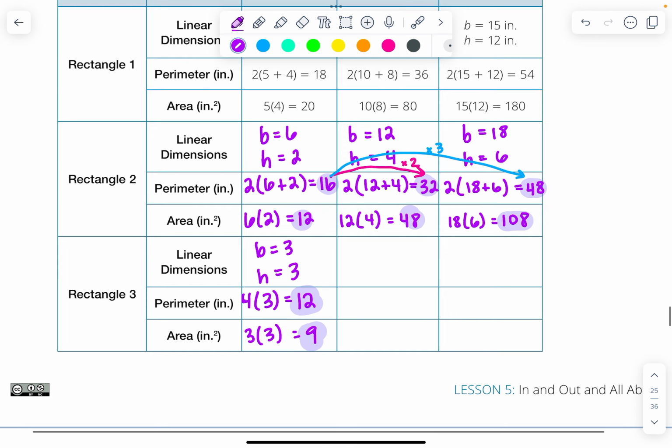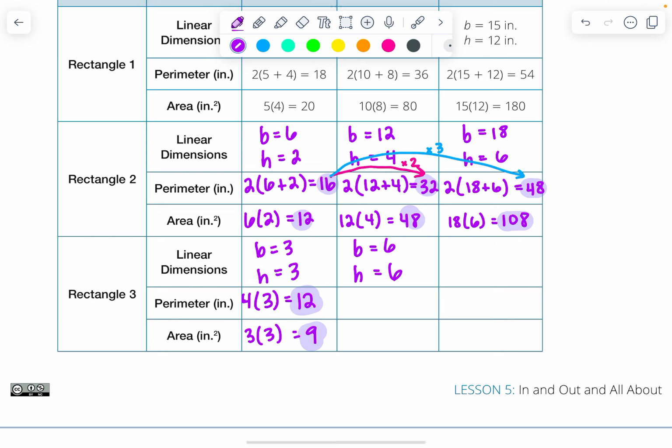And then if we were to double the side lengths, 3 times 2 is 6. For the perimeter, since there are 4 sides, we could just multiply 6 by 4. And then the area would be 6 times 6, which is 36.